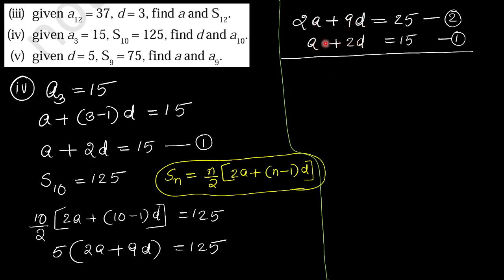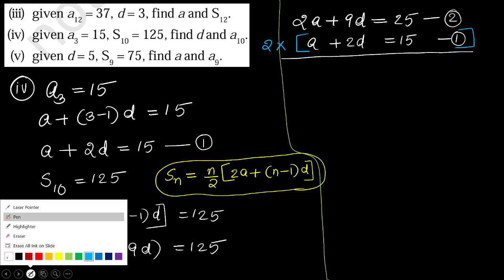Addition also, nothing happens. So I will tell you what is to be done. Multiply the first equation by 2, both sides, not only the left side.